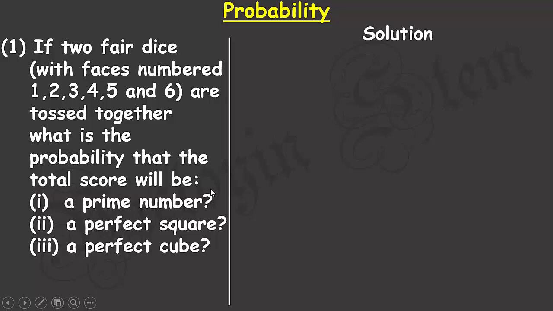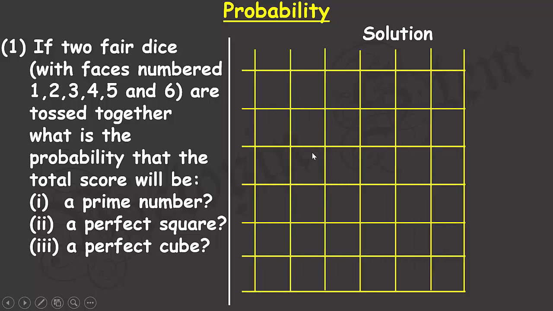To solve this problem, I will pull out my table, and the first row will contain numbers equivalent to the dots on each of the 6 faces of a fair die. So the first die, I'll have 1 signifying 1 dot, 2 for 2 dots, 3 for 3 dots, 4 for 4 dots, 5 for 5 dots, and then 6 for 6 dots.